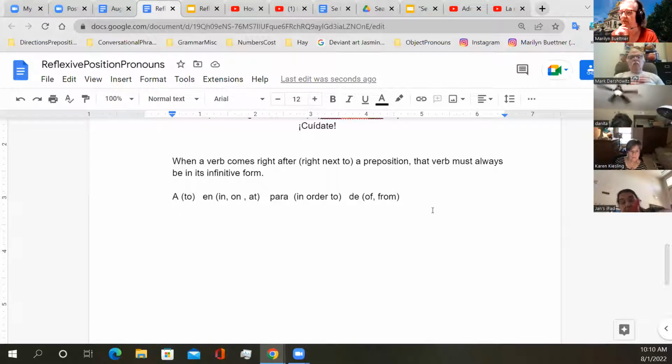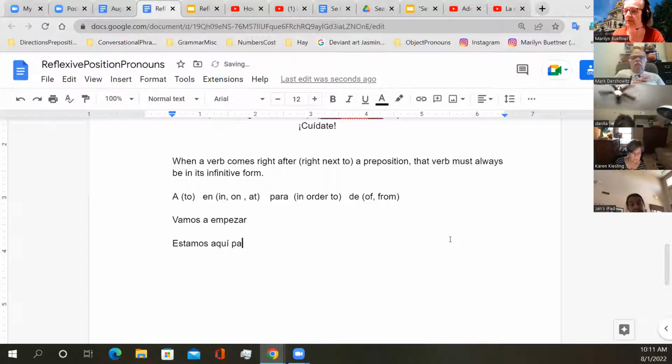Anytime a verb follows one of those prepositions, when it's right next to it, it's got to be in the infinitive form. And that's why you have things like vamos a empezar. Empezar is right next to vamos a, we're going to begin. Estamos aquí para practicar.